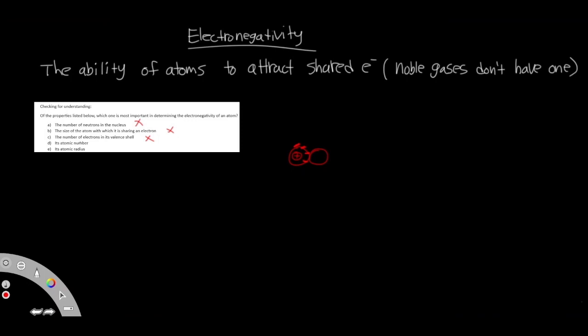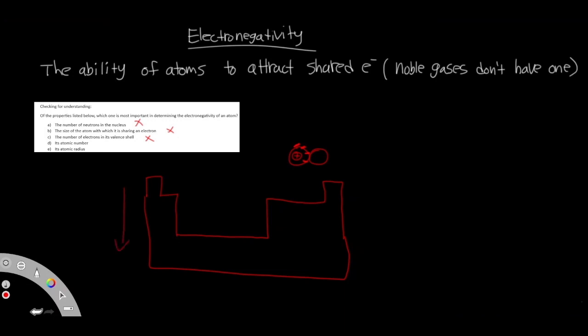D, its atomic number. Again, if I were to draw a little periodic table here, as you can see, you have an atomic number increasing going downwards, and the atomic number also increases towards the left.